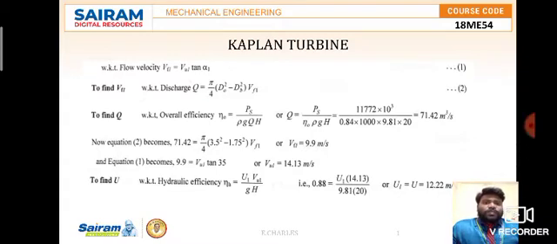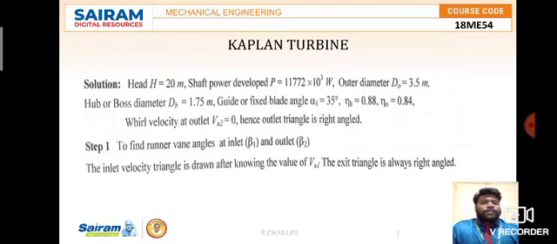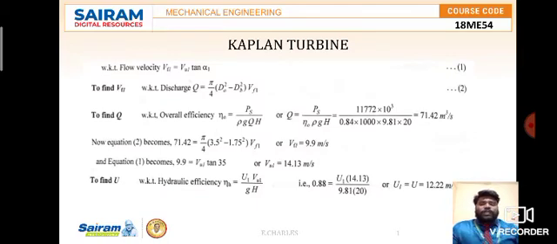Now we need to find the flow velocity, so we need to find Q, the discharge. First, we need to find beta 1 and beta 2. Before that, we will try to find Vw1 and then U1.